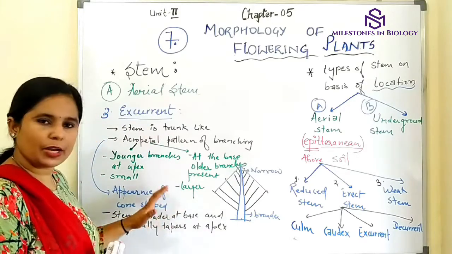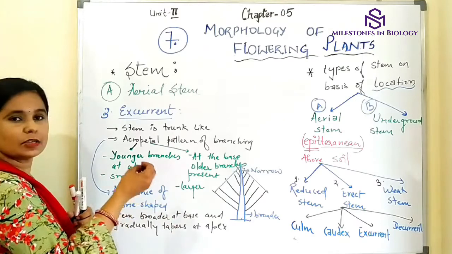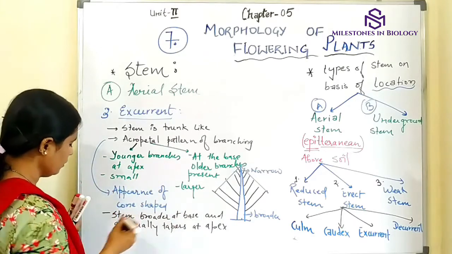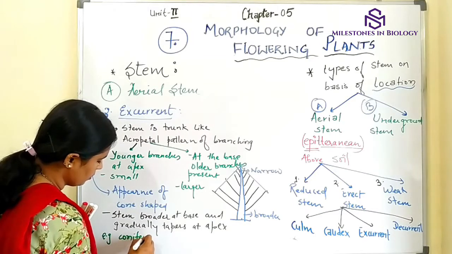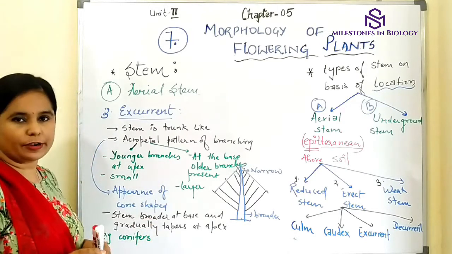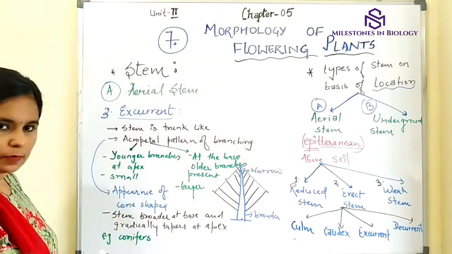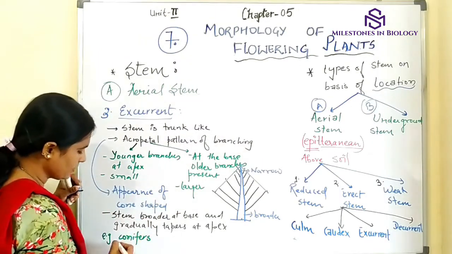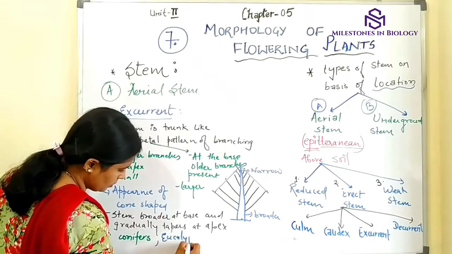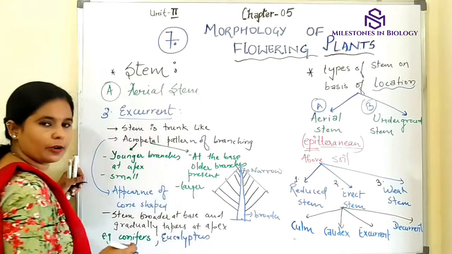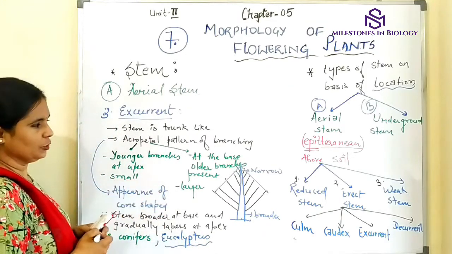These are the general characteristics. In which kind of trees will you see this? In conifers. Okay. One more example I want to add is eucalyptus, an example of an angiosperm.